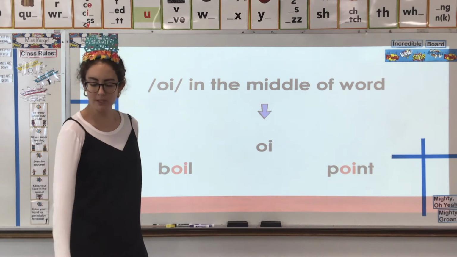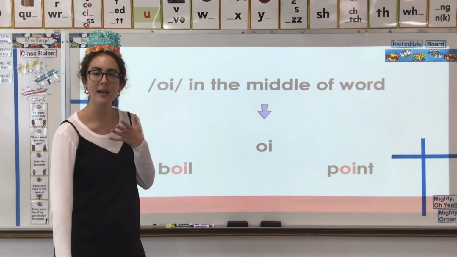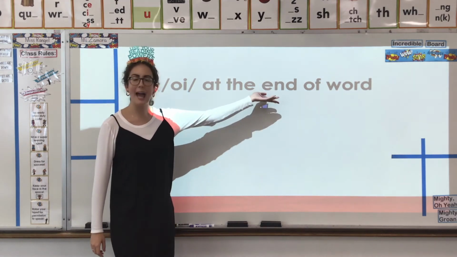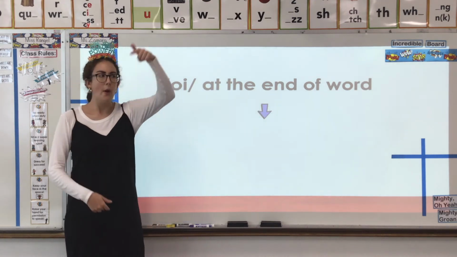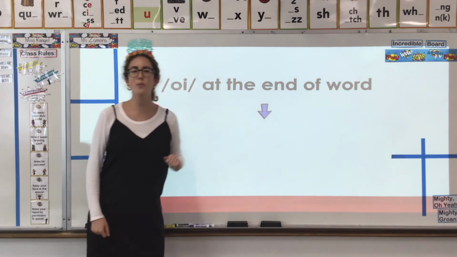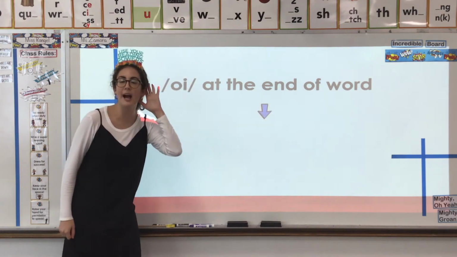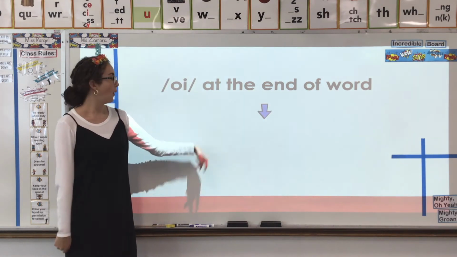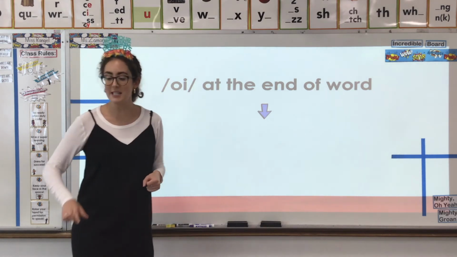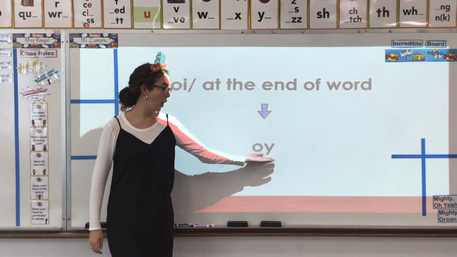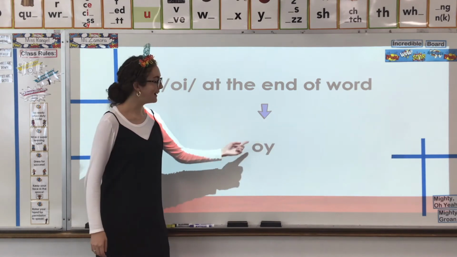Okay, but what about if oi is at the end of a word? So we're no longer in the middle. We hear oi all the way at the end. It's the final sound we hear. When oi is the last sound, we spell it O-Y.